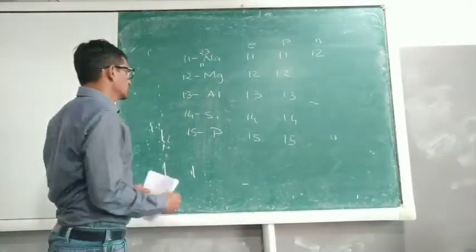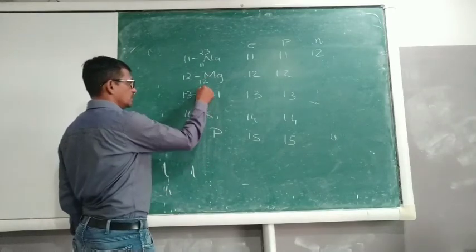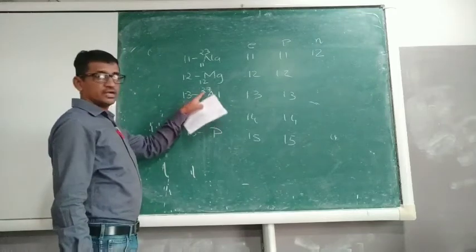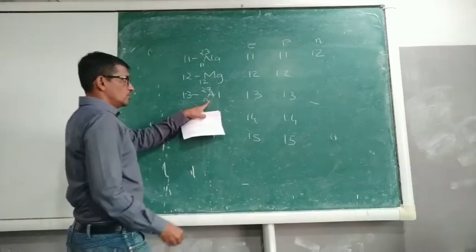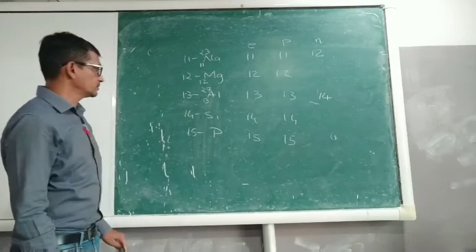Similarly magnesium 12. Aluminium has atomic number 13 and mass 27. Proton is 13, so neutron is 14, and the total is 27.